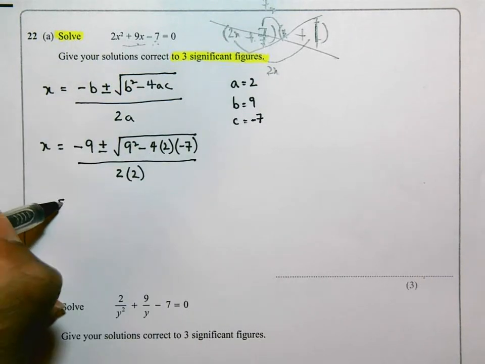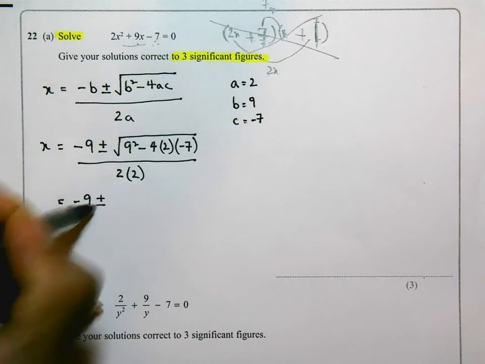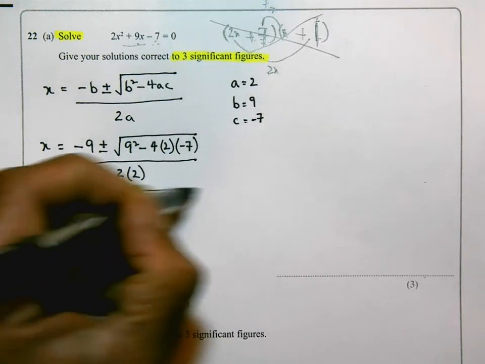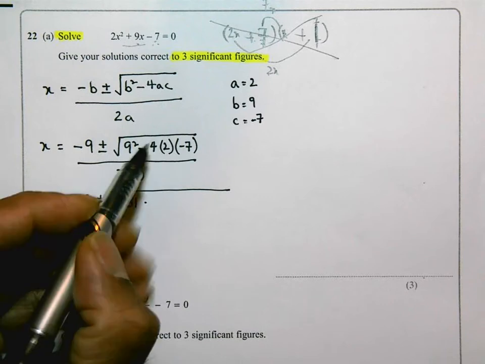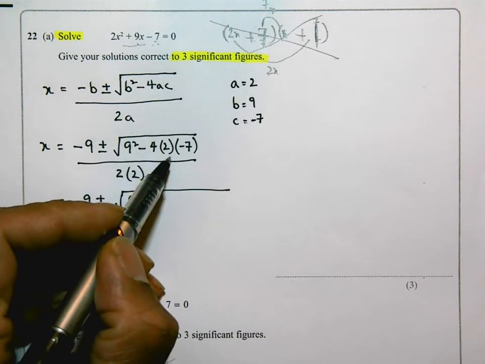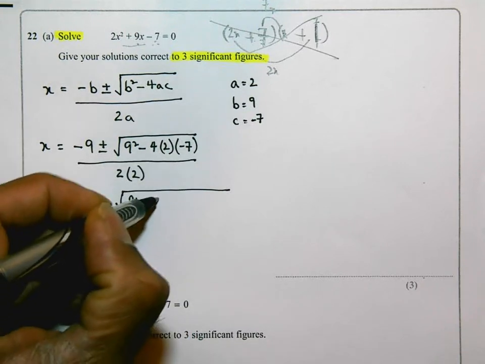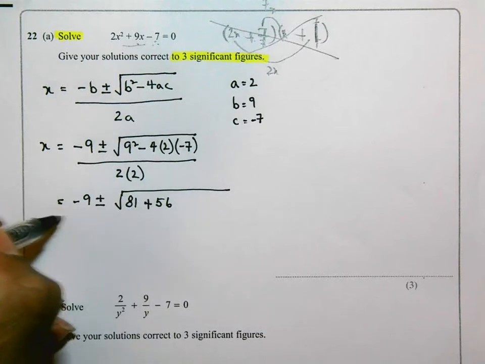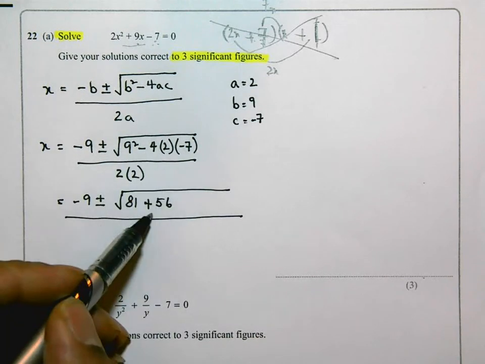So working all of these out now, I'll get minus 9 plus or minus the square root of 9 squared, which is 81, minus 4 times 2, which is minus 8, and minus 8 times minus 7 is plus 56. Now be careful with the negative signs there. You could use your calculator to help you, but this is a common thing that they test for in exams. Minus times a minus is a plus. In the denominator I've got 4 there.